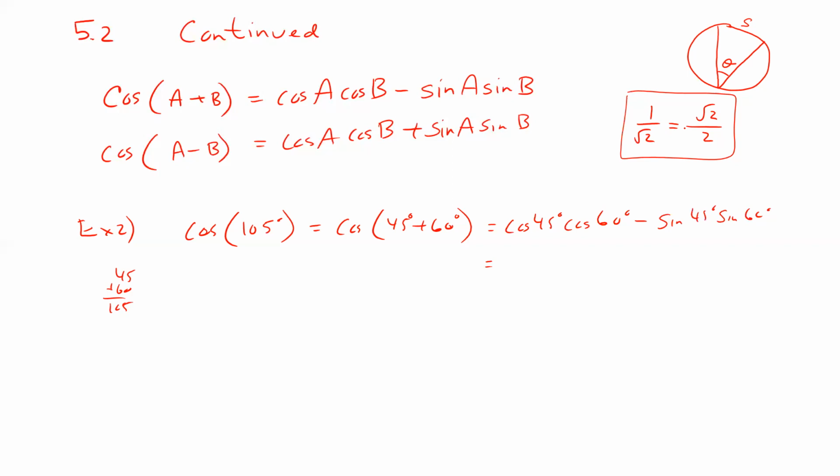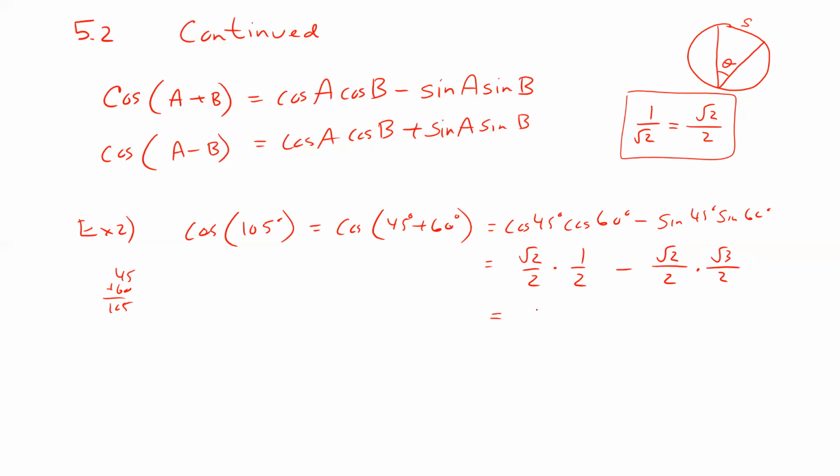Talk to me, anybody. Cosine of 45 degrees is root 2 over 2. Cosine of 60 degrees is 1/2.